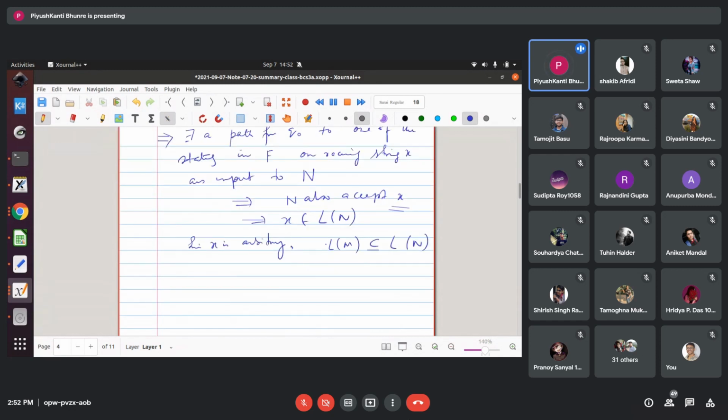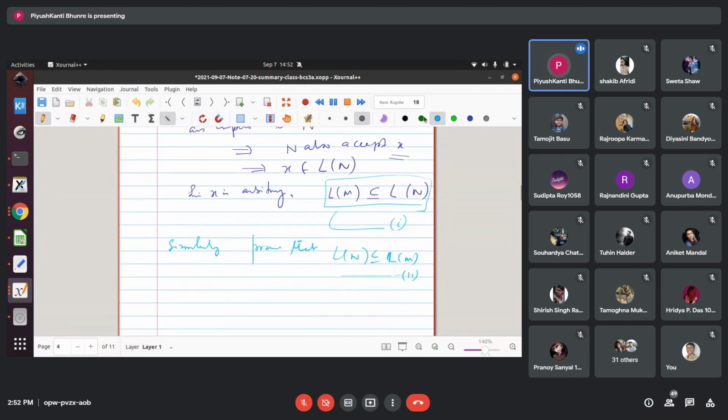Okay. So this is one part that I have done the proof for you. So you do the rest. Suppose we call it equation 1, for example. Similarly, prove that L(N) is a subset of L(M). Okay. So this is equation 2.